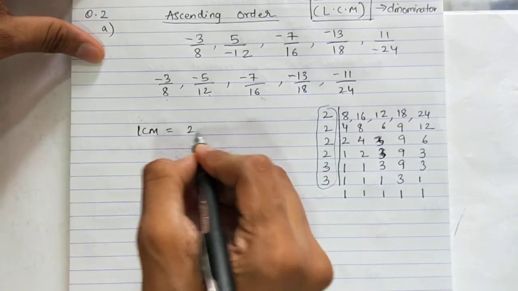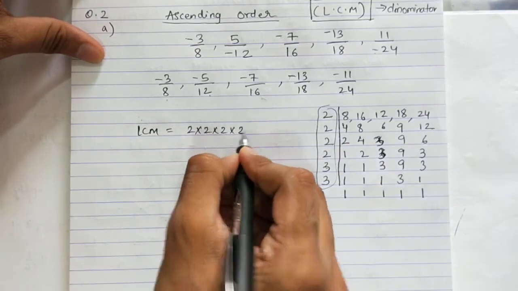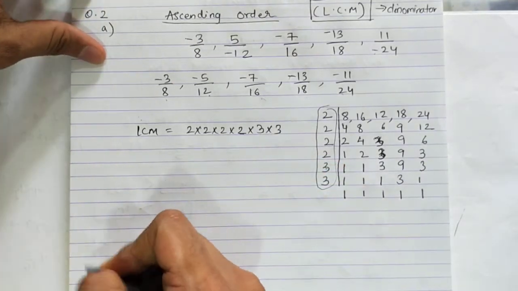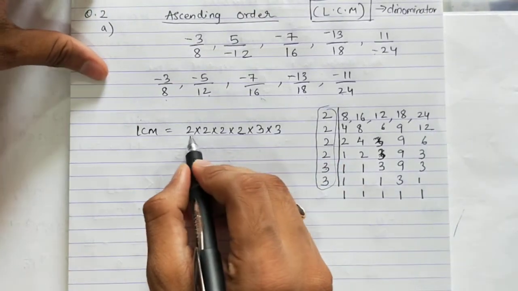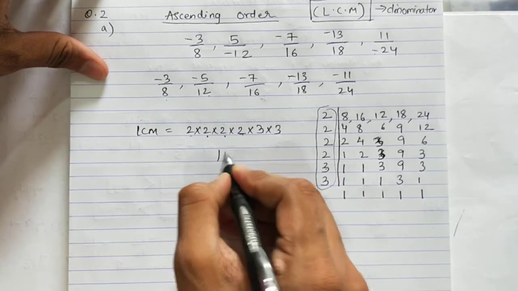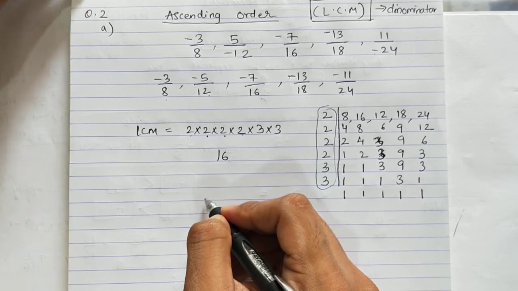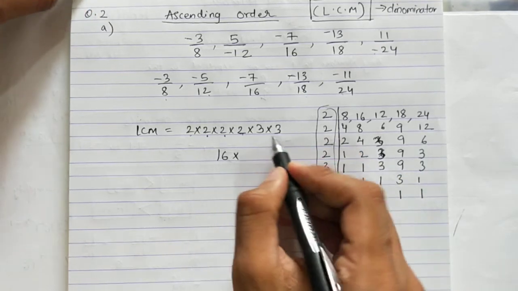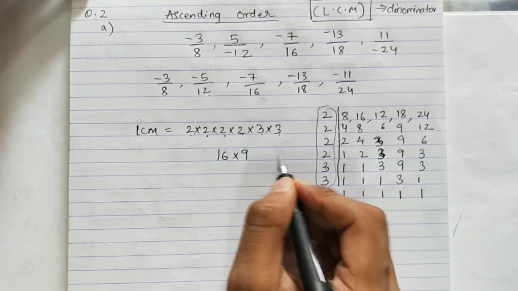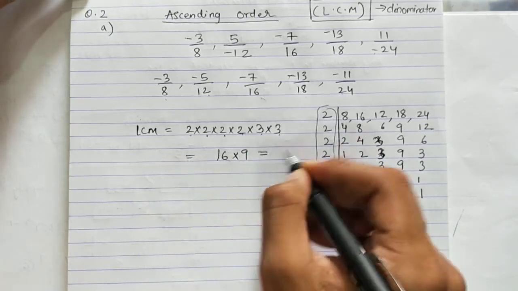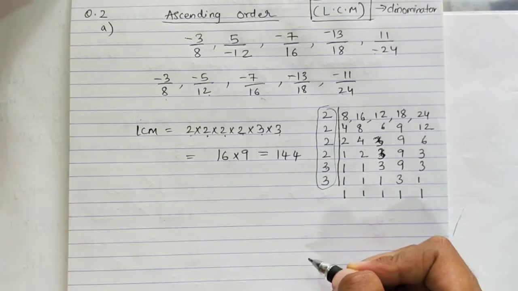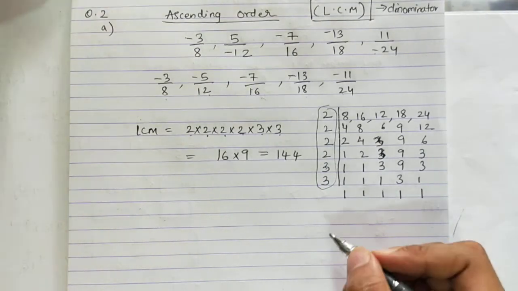LCM is 2 into 2 into 2 into 2 into 3 into 3. 2 2s are 4, 4 2s are 8, 8 2s are 16, into 3 into 3 is 9. So the LCM is 144.